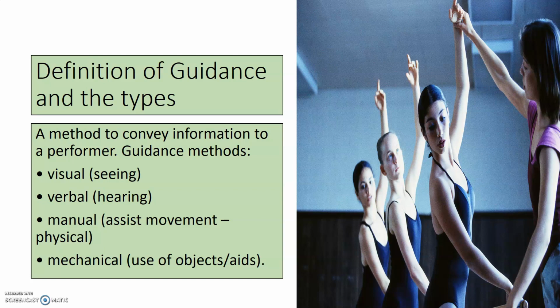Verbal: this is things that we can hear as a performer. We can also give guidance through manual assistance, so that's through the actual assistance of movement, physical movement, as you can see in the diagram there. And mechanical is the last one. This is the use of aids and objects to help with the technique of the performer.